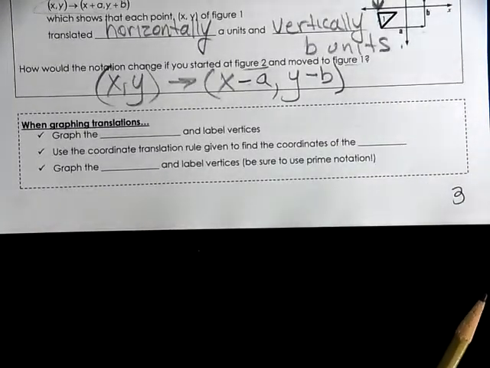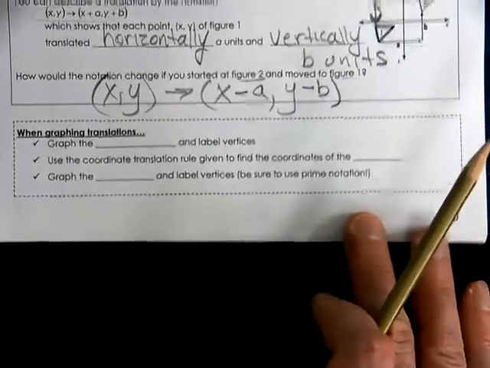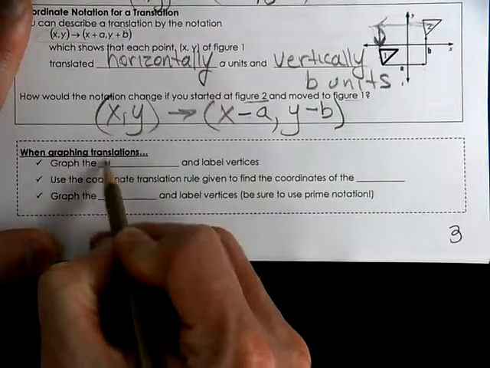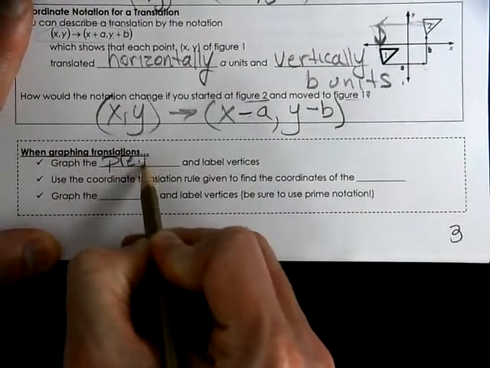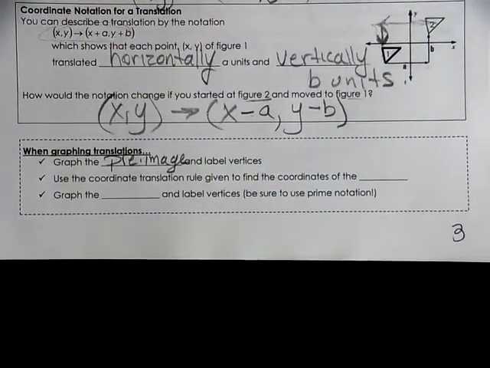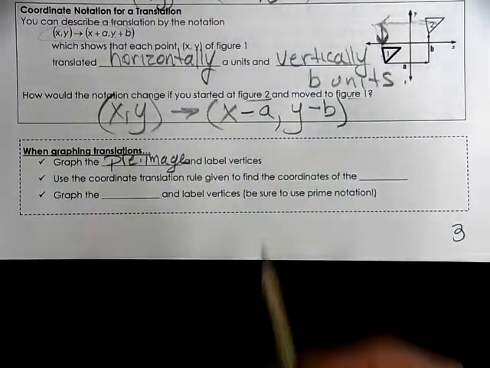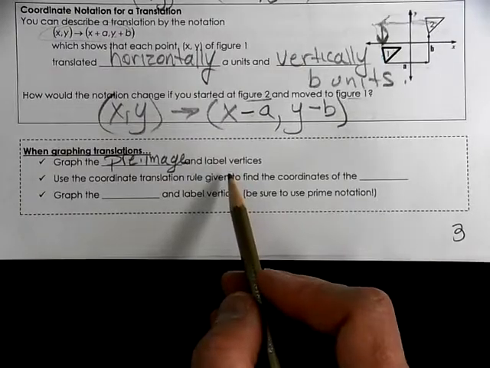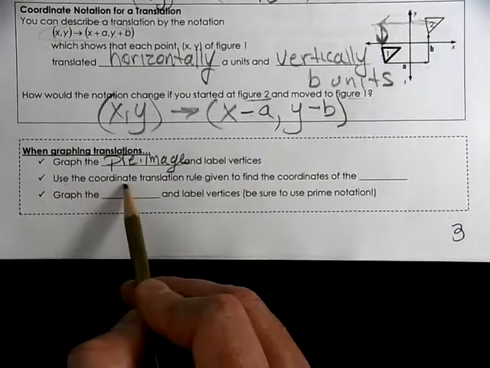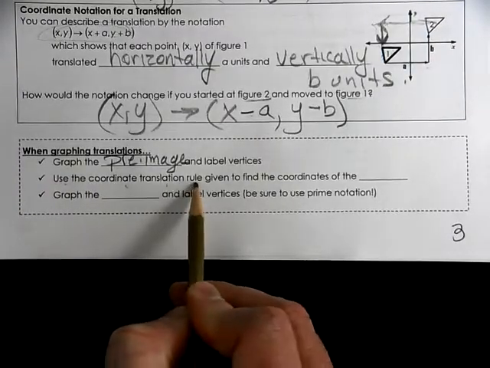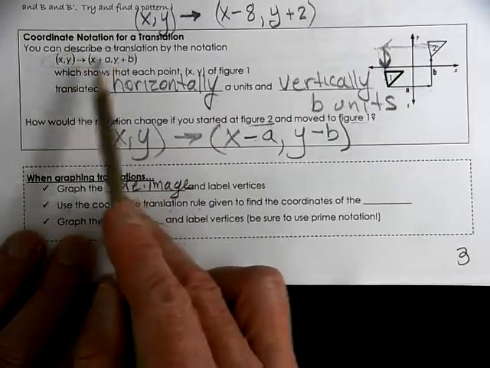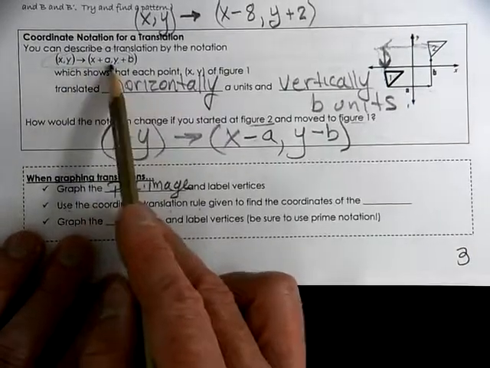When you do a graph of a translation, you're going to first graph the pre-image, also called the original. You graph the first image, and you label them, maybe A, B, and C, or whatever we have. Use the coordinate translation rule. That's what these have been. That's a translation, a coordinate translation rule.